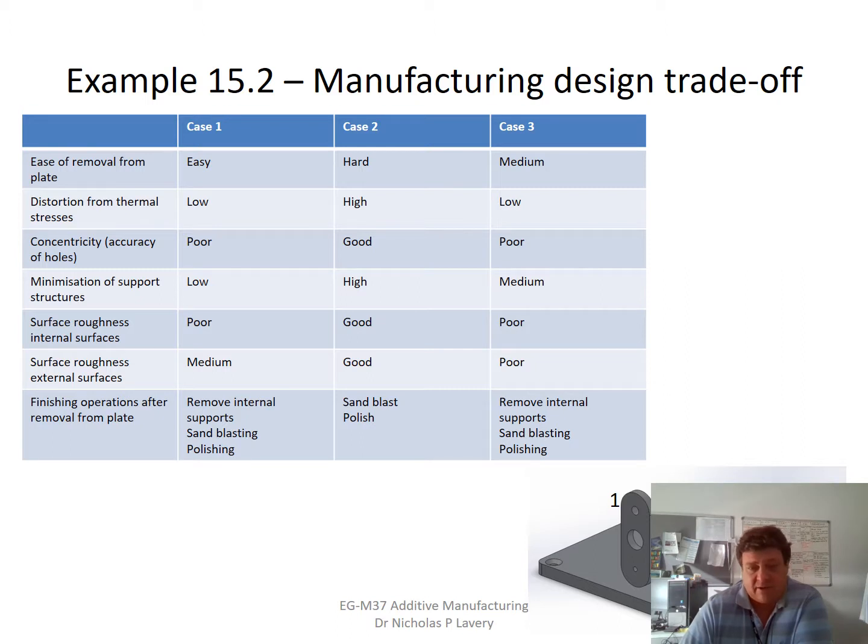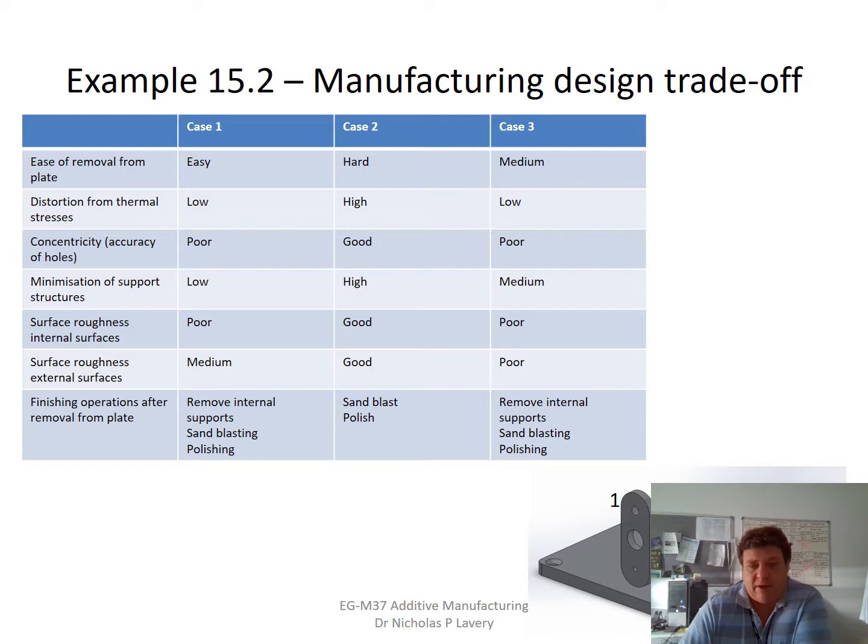So if we're talking about the surface roughness in the holes, so therefore the internal surfaces, the surface roughness of the external surfaces is actually the other way around. It won't be so bad in 1. In 3, the end curvatures could be a bit poor. 2 will have relatively good surface roughness, except for the bottom face where we have to remove the support structures.